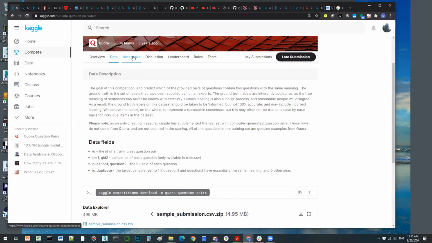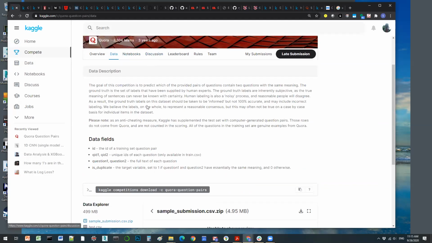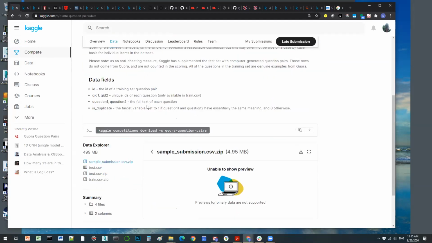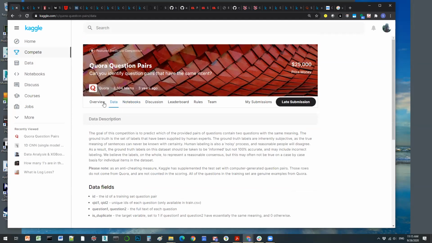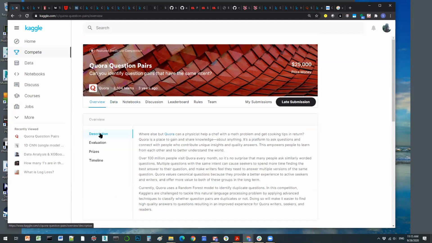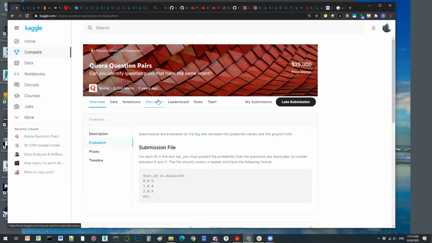One of the things before going into the notebooks and the discussion is the evaluation metric for the competition. That's something I typically like to know. In this case, it's the log loss, fairly simple. If you click on the link, at least for me, it gives a 404 error.